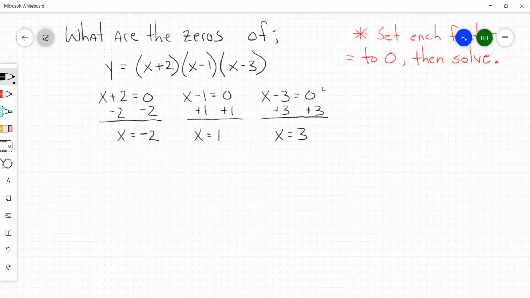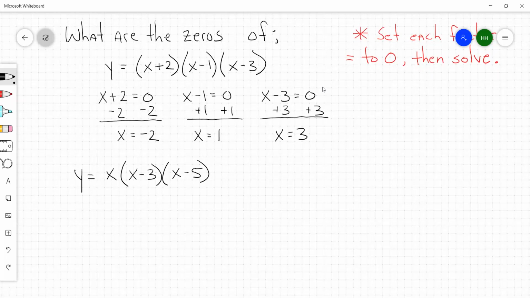If you're given a function like y is equal to x times x minus 3 times x minus 5, it's the same concept, but don't forget about the first x. You've got to set that x equal to 0, the x minus 3 equal to 0, and the x minus 5 equal to 0.